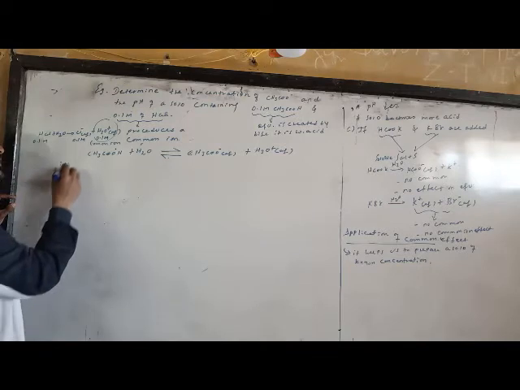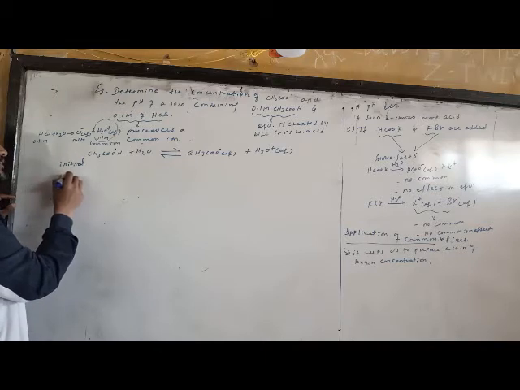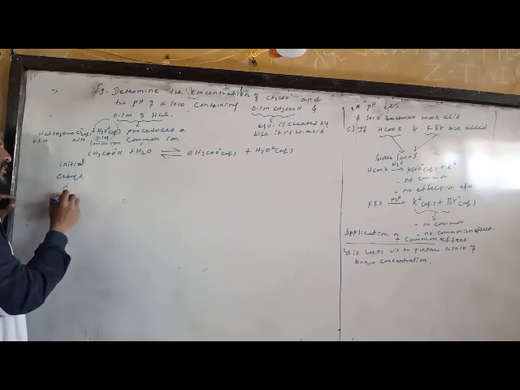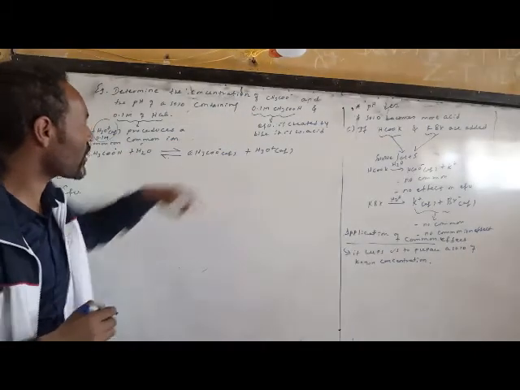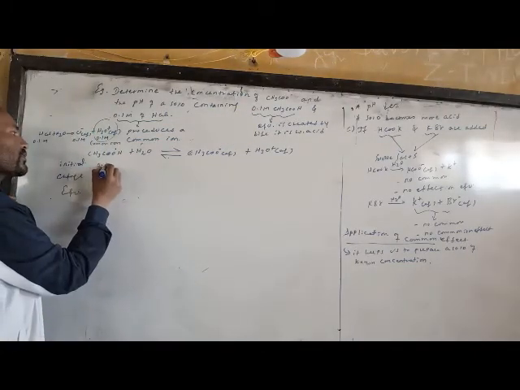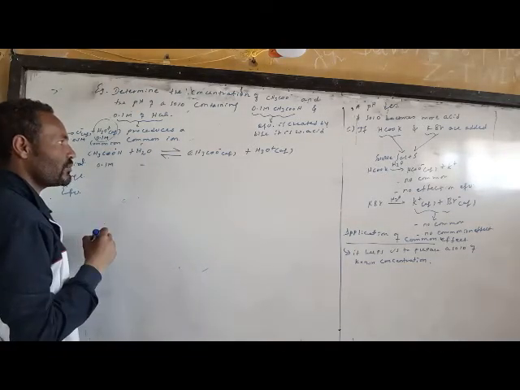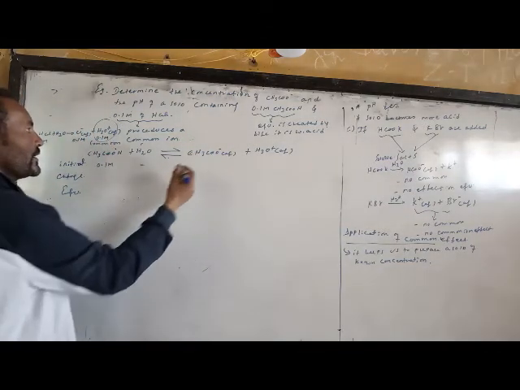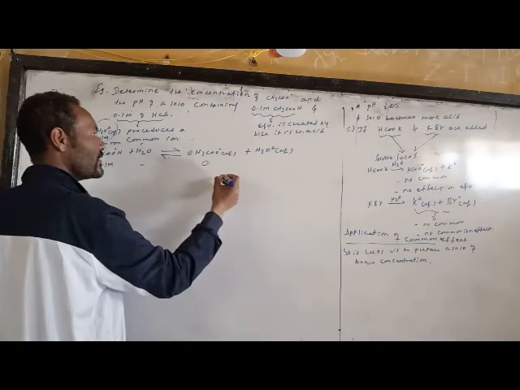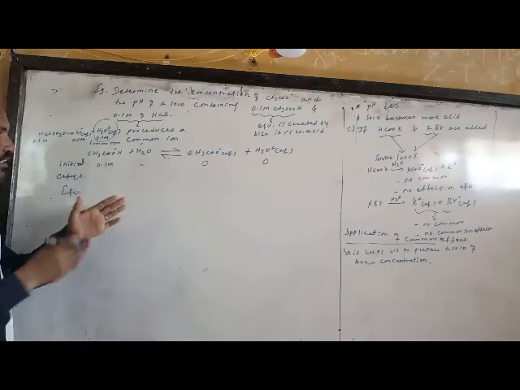First we need to write initial concentration, change, and equilibrium. The initial concentration of acetic acid is given, that is 0.1 molar, so first we write this concentration in the initial position. The concentration of water is not important here, and the acetate ion initially is 0, hydronium ion is 0. Before dissociation of acetic acid, nothing is produced.